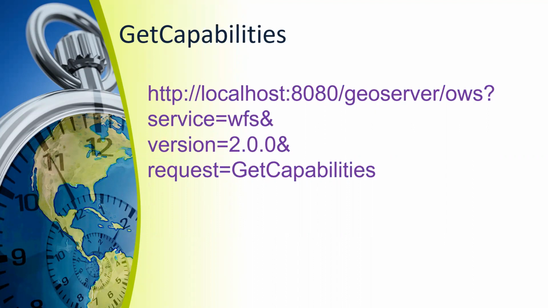Okay, this is the current get capabilities. Take a screenshot with your eyes of this. Let's go back to the get capabilities for the previous one. Have you recorded it somewhere?